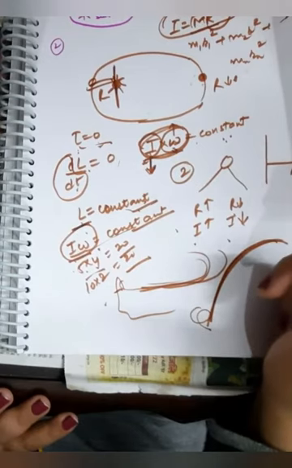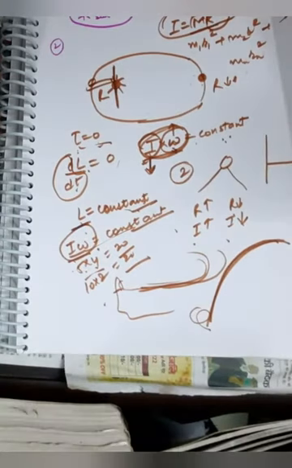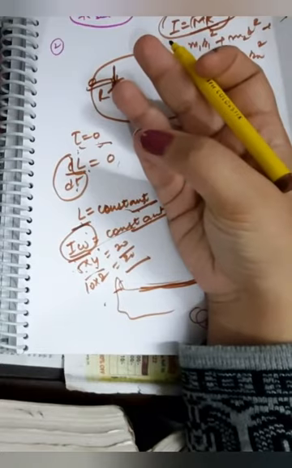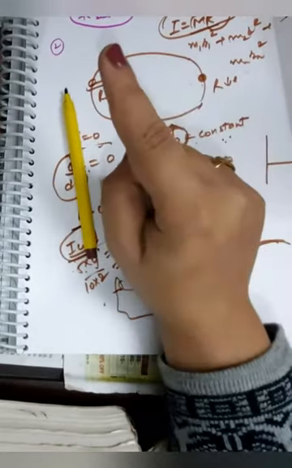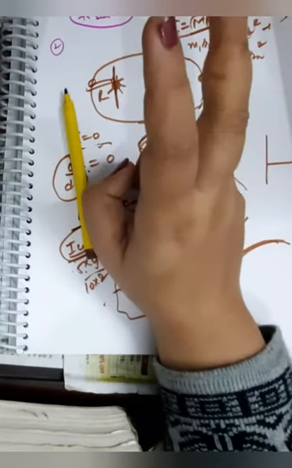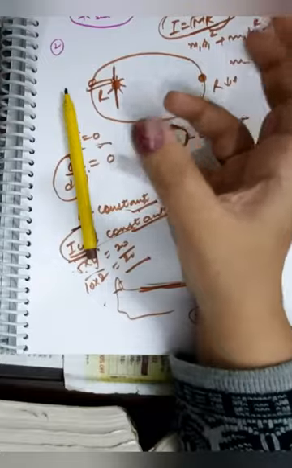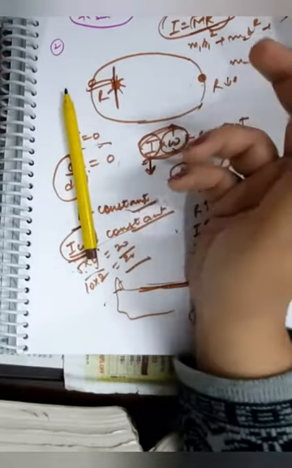Now the task is to look for other applications of the principle of conservation of angular momentum. I have told you that the angular velocity of a planet increases when it comes closer to the sun. This is the first application. Next application is of a circus acrobat who is able to perform various circus feats. Why is he able to do that?